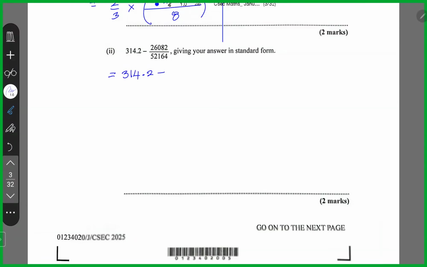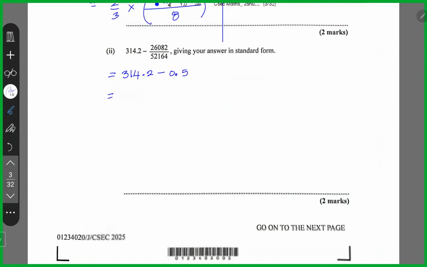Let's do this division. Well, 26,082 divided by 52,164. And what we get is a half, or 0.5.